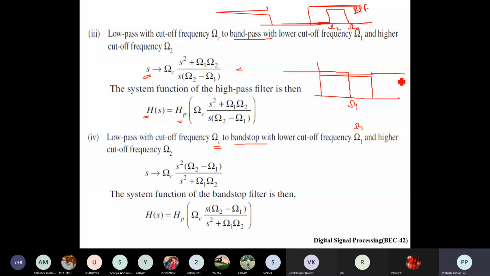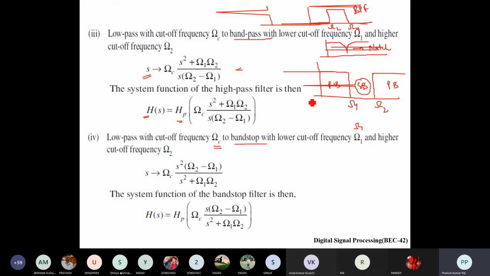So this is the pass band, this is the stop band, and this is again a pass band. It passes a certain range of frequencies, then for a band of frequencies ranging from omega 1 to omega 2 it stops the signal. Since it is stopping the signal, it is a band stop filter. If it is more tuned, it looks like this. This is called either a band stop or a notch filter.